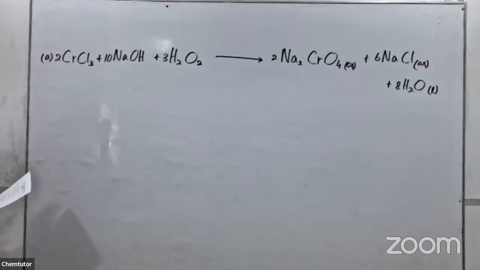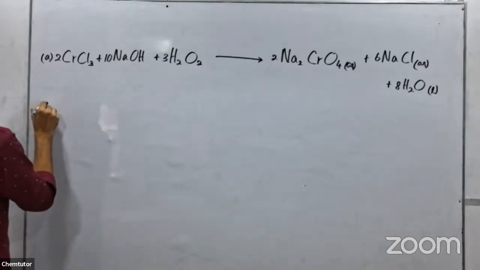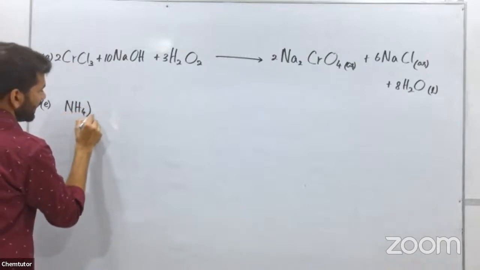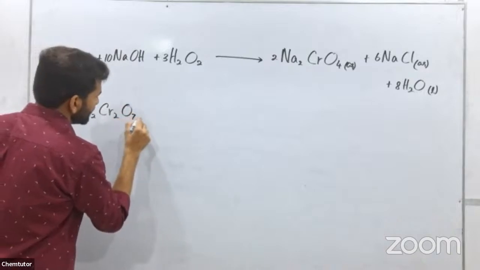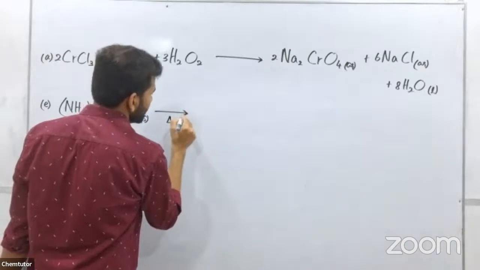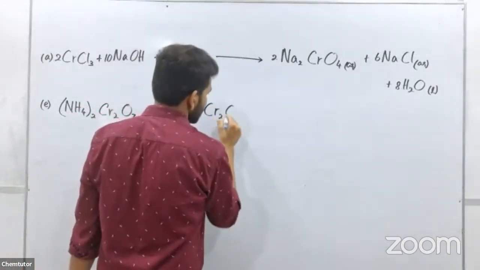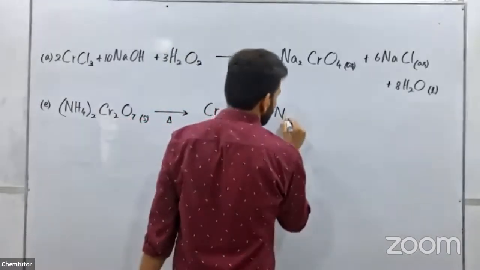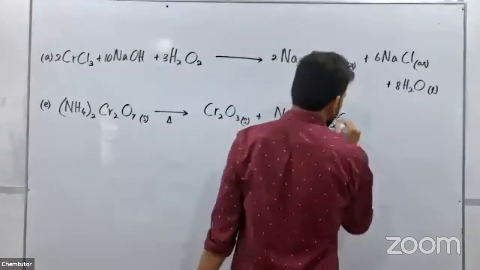Then simple E, the thermal decomposition of ammonium dichromate. (NH4)2Cr2O7 is thermally decomposed to give Cr2O3 solid, N2 gas, and H2O liquid.